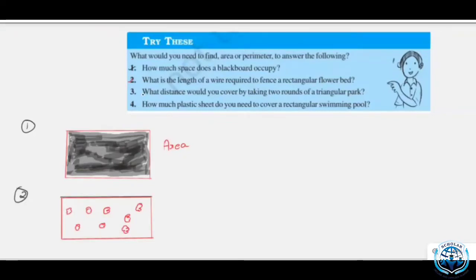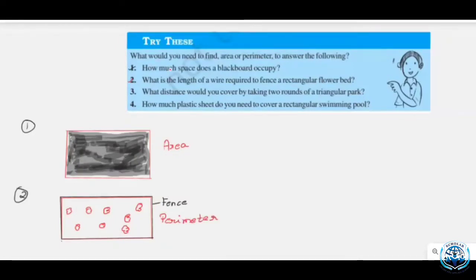You will make a fence around it. So what will you need to find? Yes, the perimeter. Understood? Because perimeter is the boundary of any shape. So you will find out the perimeter of the rectangle to fence this flower bed.